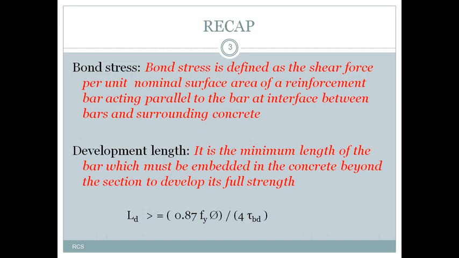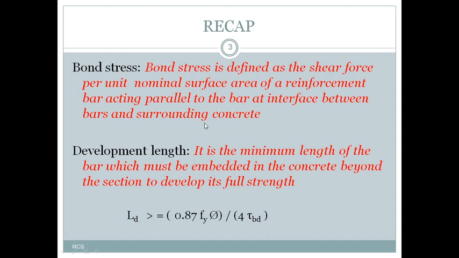So let me recall what are the things we have discussed in the last class. In the last class, we discussed bond stress and development length. Based on that bond stress, we calculated the formula for development length. So let me first discuss what bond stress is. Bond stress is defined as the shear force per unit nominal surface area of a reinforcement bar acting parallel to the bar at an interface between the bar and the surrounding concrete.